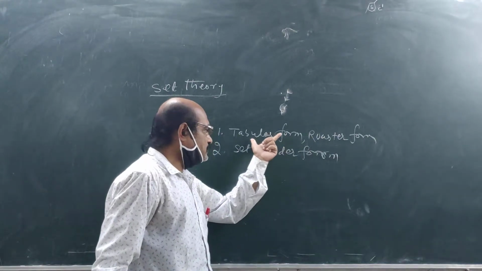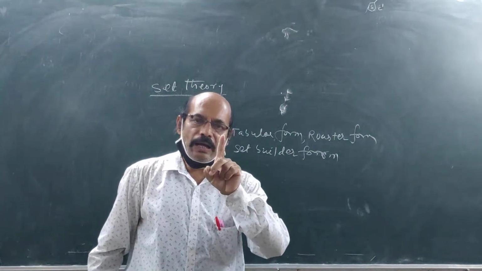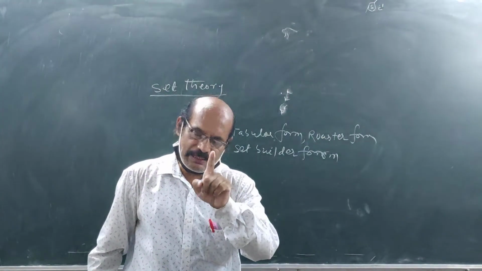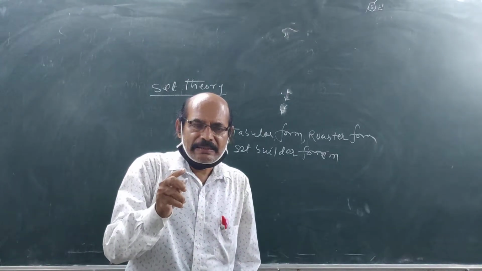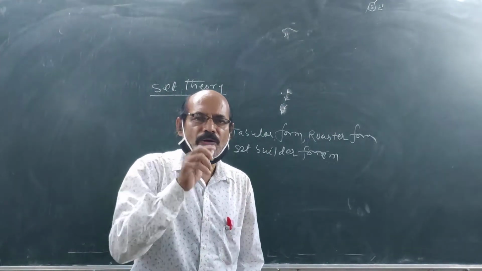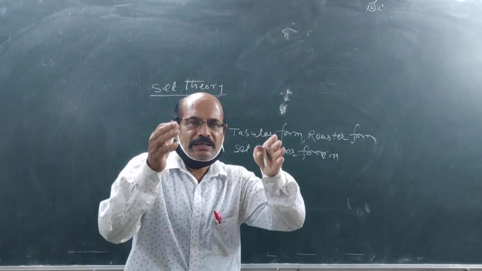What is roster form or tabular form? In roster form, the objects that I have told you as elements should be written one after another, separated by a comma, and placed in curly brackets.